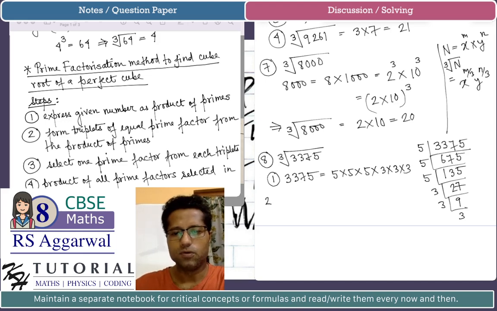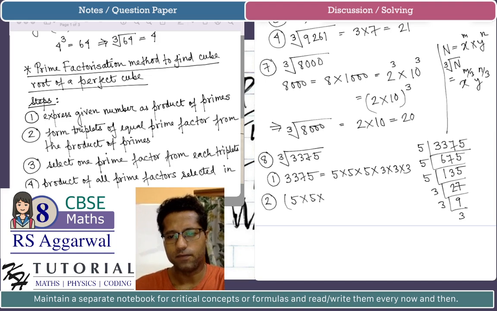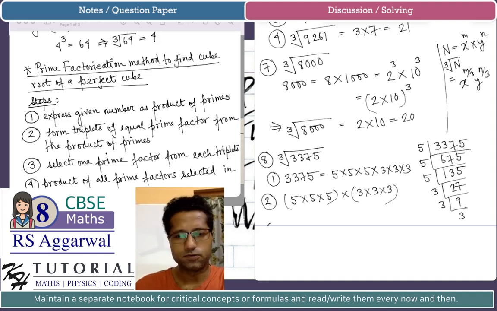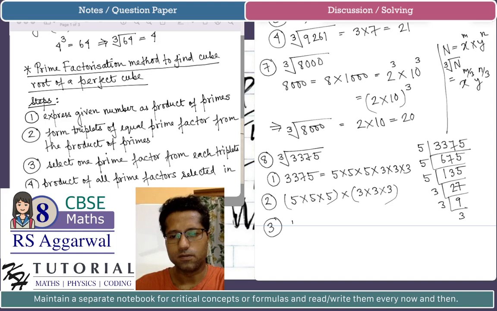In step 2, I will form the triplets from the prime factors. The first triplet is 5 into 5 into 5, and the second triplet is 3 multiplied by 3 multiplied by 3. In step 3, I will select one factor from each triplet: from the first triplet I get 5, and from the second triplet I get 3.